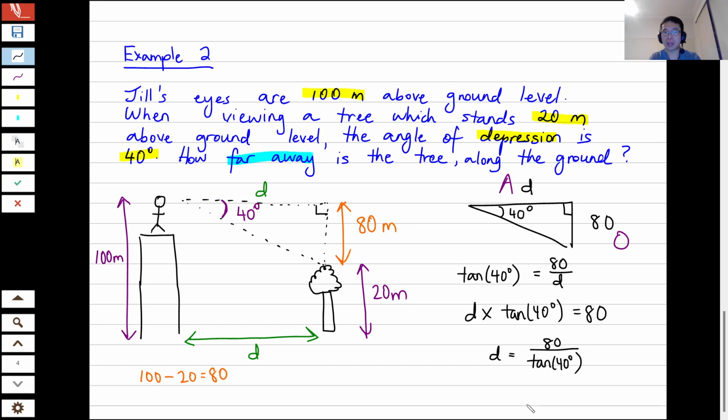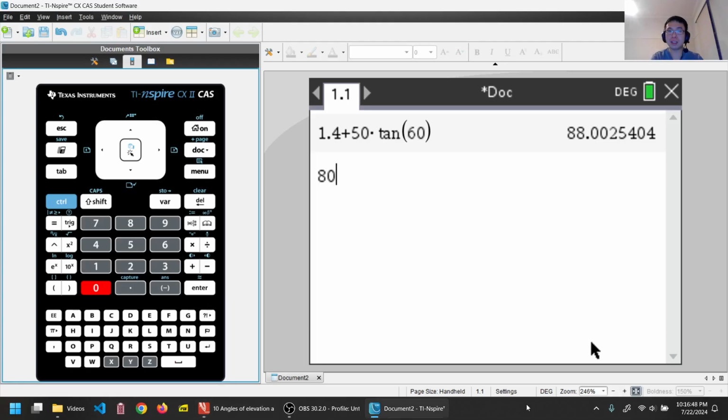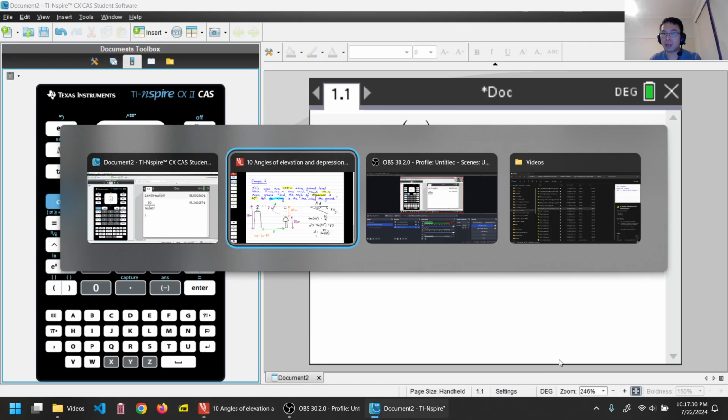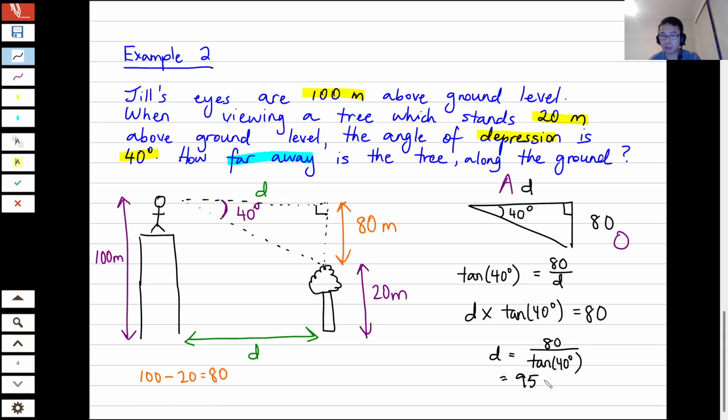All right, let's go ahead and calculate this. So it's 80 divided by tan 40, and that gives us 95.34 to 2 decimal places.